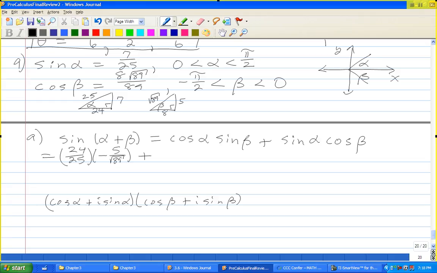Oh, it should have been written the other way around. It doesn't matter. I should have written that the other way around. Okay, but it's correct.